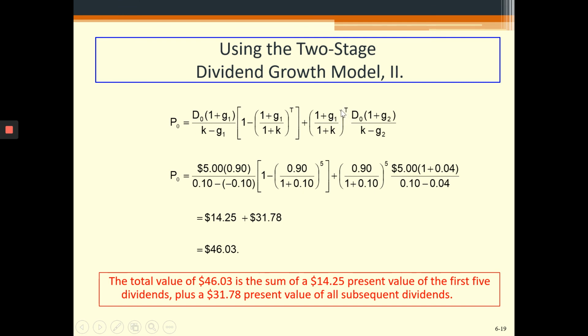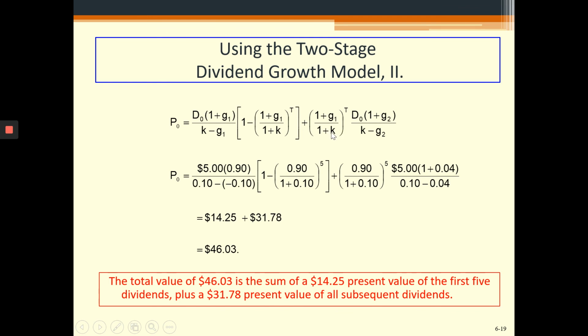And then we need to get the first dividend of the second stage in order to find the price of the stock at the end of the first stage. So this is 1 plus G2, right? If we multiply it, we get the first dividend at the end of the first year of the second stage. And then we can divide by K minus G2 to find the price of the stock there.